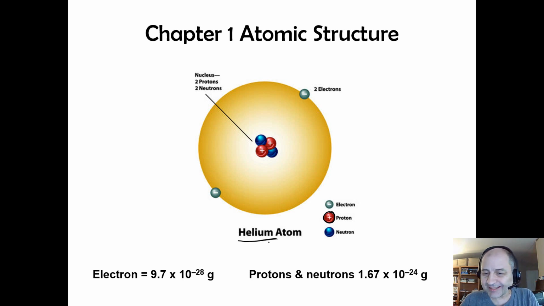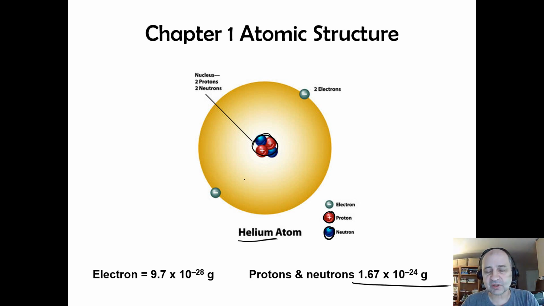Also important is that most of the matter is inside of the nucleus, contained in neutrons and protons. They have roughly the same mass here, 1.6 times 10 to the negative 24 grams, so extremely tiny. And so these are clumped together in the center, and then we have electrons that are mobile. They go around in different orbits.